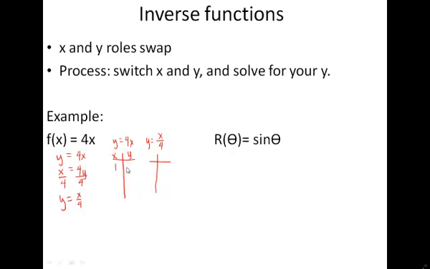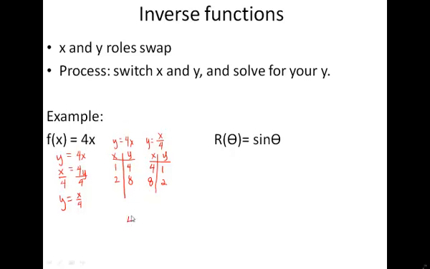Plug in 1, you're going to get 4. Plug in 2, you're going to get 8. So look at it with this relationship. Take one of those values, that 4, and 4 divided by 4, you get 1. You plug in 8, you're back to that original input, you get 2.